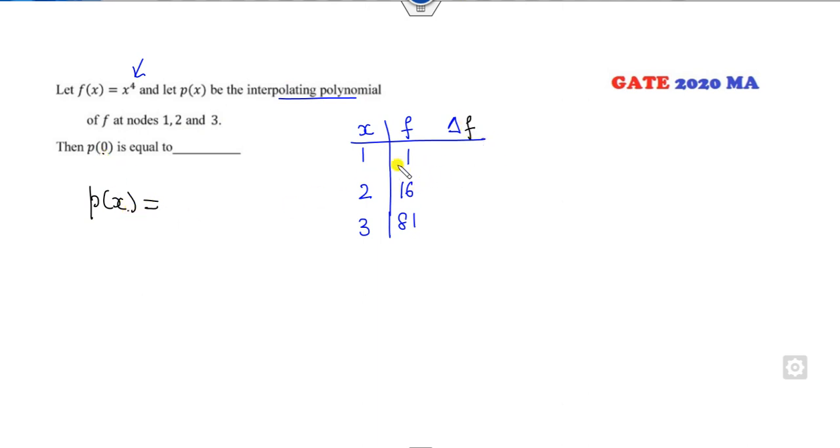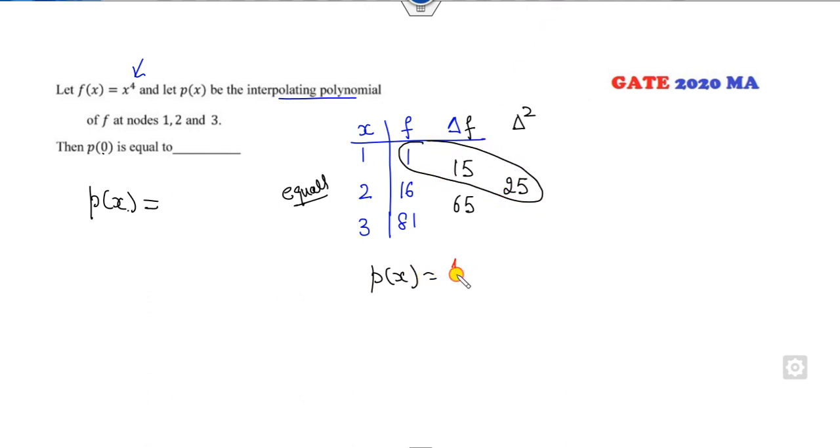You can find the divided difference. Again, you can see they are equally spaced, so I can simply subtract them: 15, and the difference of this is 65. Because they are not constant, I can take del square. Difference divided by 2, 50 divided by 2 is 25. So what is the polynomial of x? I can take this as the first line.